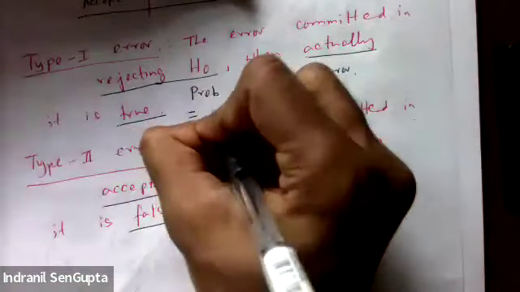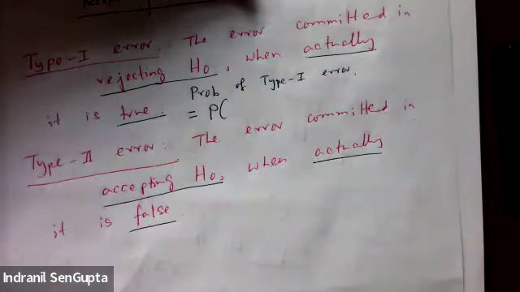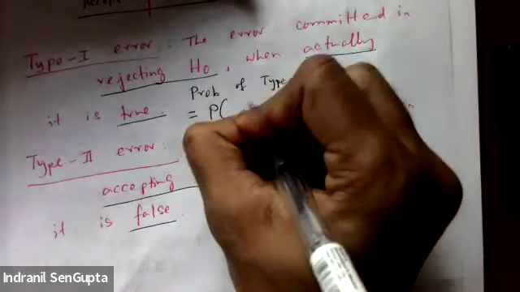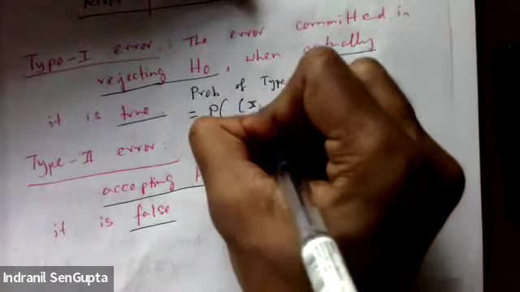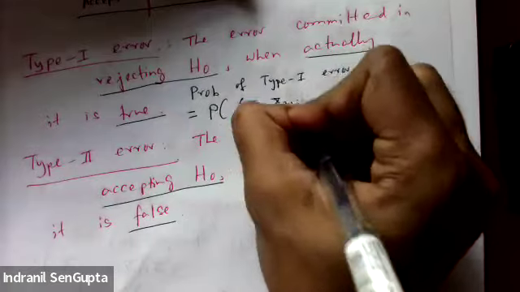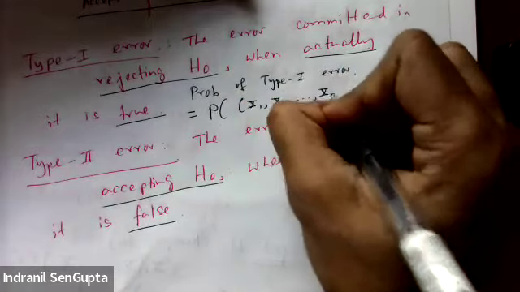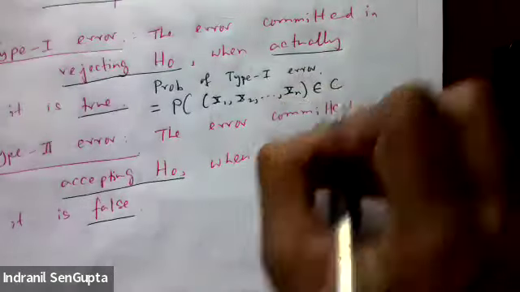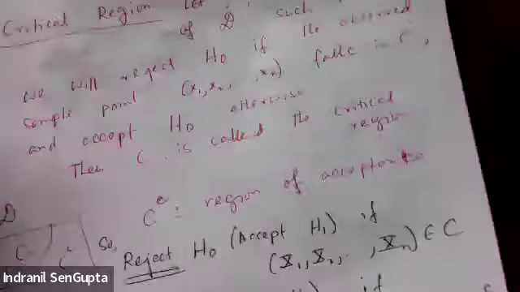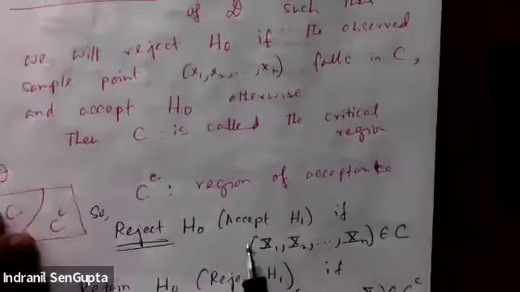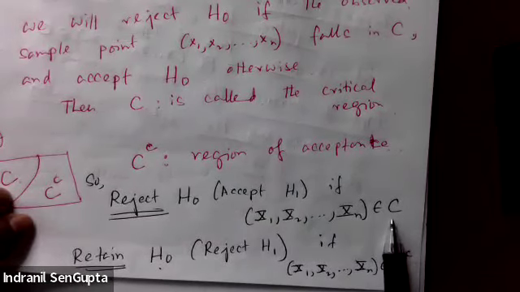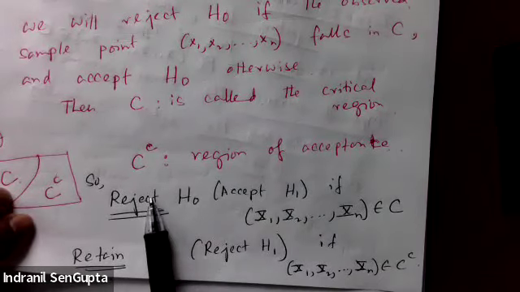Basically, it's the probability that your sample x1, x2, ..., xn belongs to the critical region. Remember what a critical region is: if your x1, x2, ..., xn belongs to C, then we reject H0.